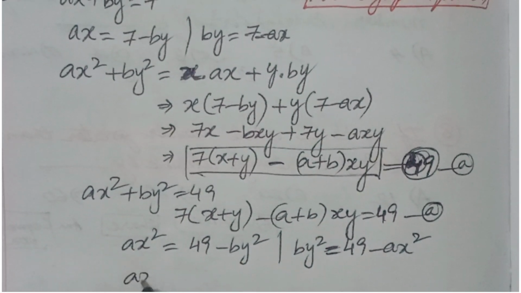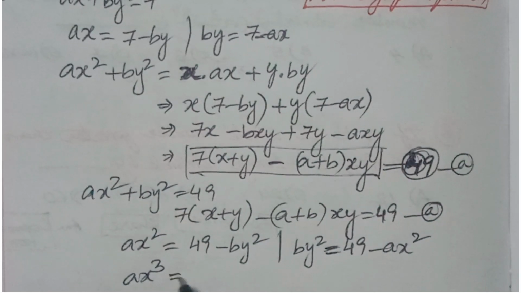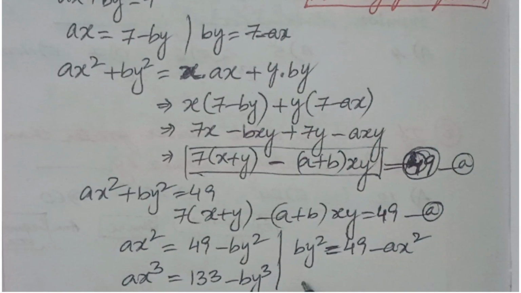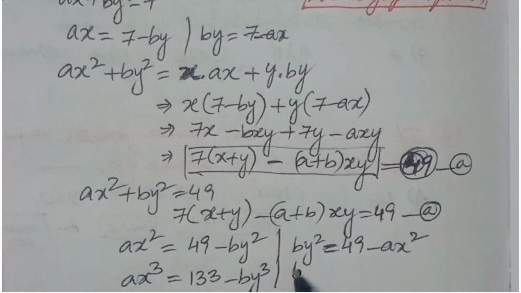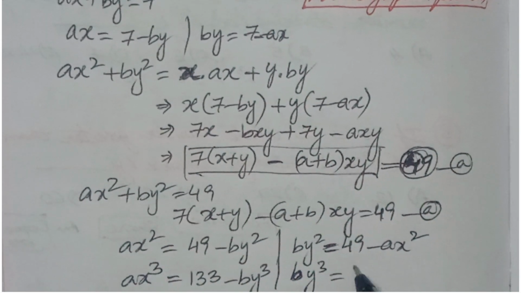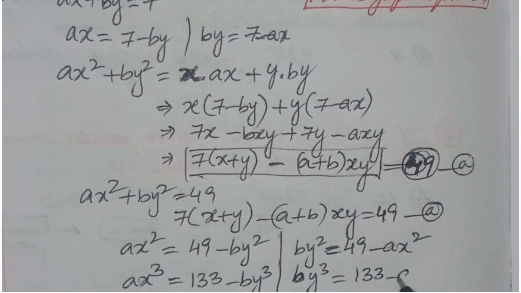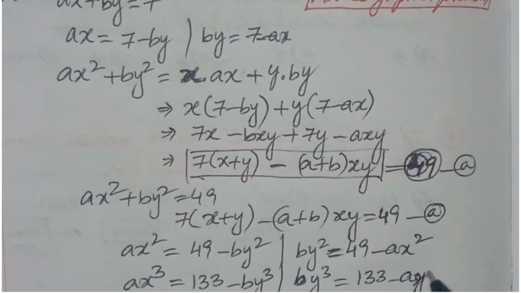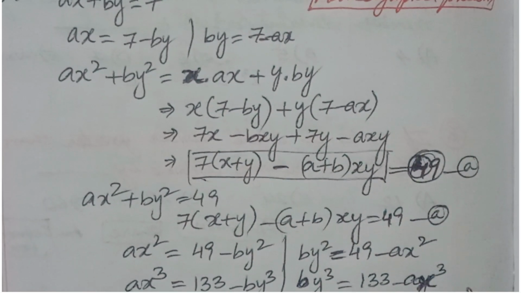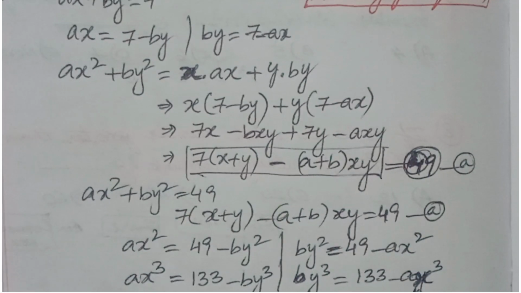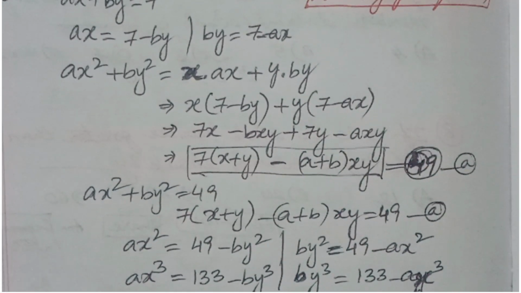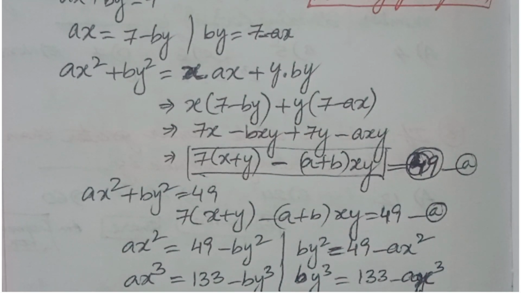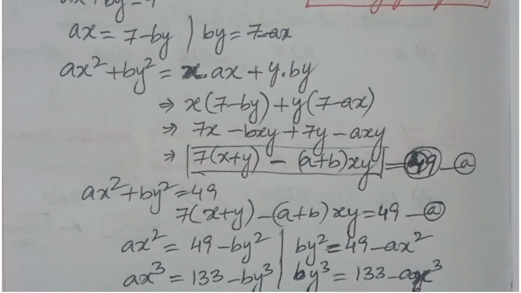Now in the same way you can write the third equation. Ax cube is equal to 133 minus by cube, and by cube is equal to 133 minus ax cube. Now in the same way, ax cube plus by cube can be written as x into ax square plus y into by square.